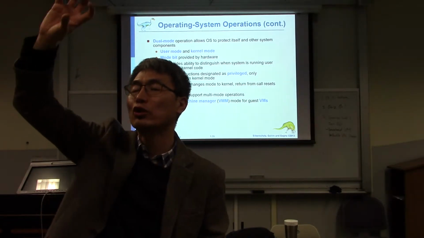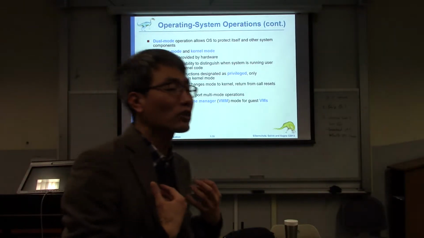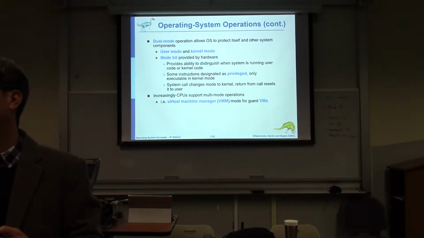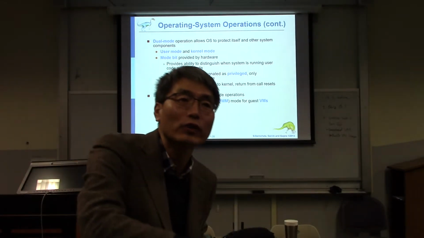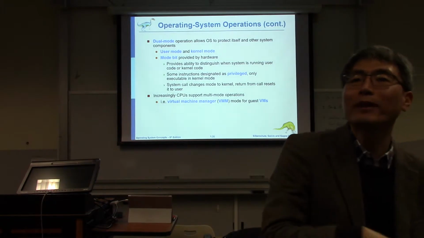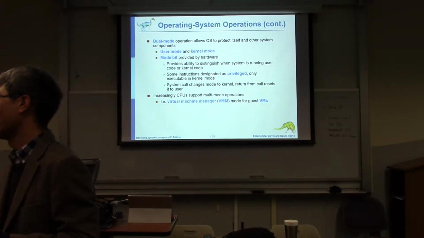One is the user mode. User mode means it's the area where your application programs are running. Sometimes when you process your application, you need to access data, read the data from a hard disk drive, for example. Then who will be in charge of reading such data from the hard disk drive?